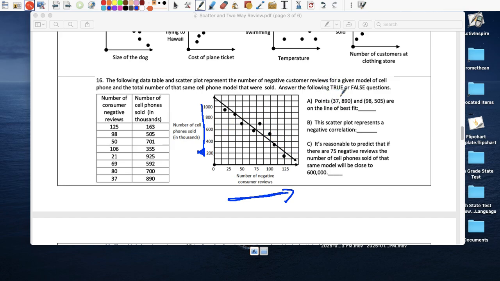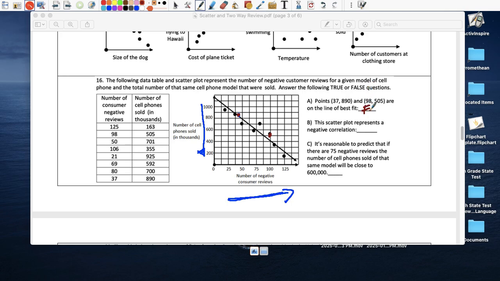So the points, 37 is about here, and 890, which is about here, and that point right here, it's about here, and the point 98, which is about here, and 505 are on the line of best fit.